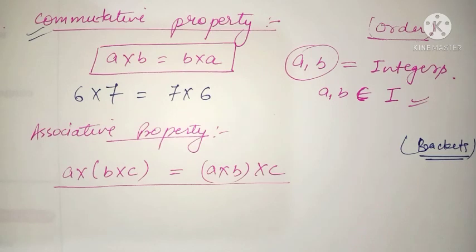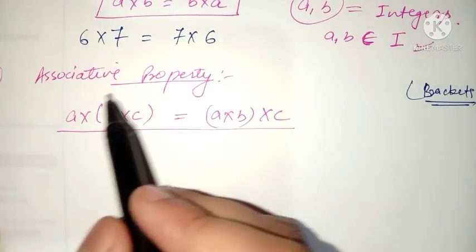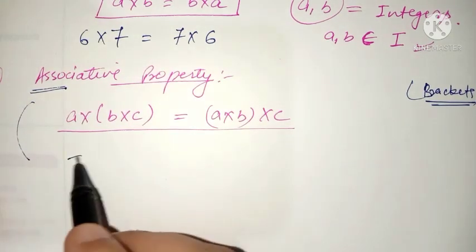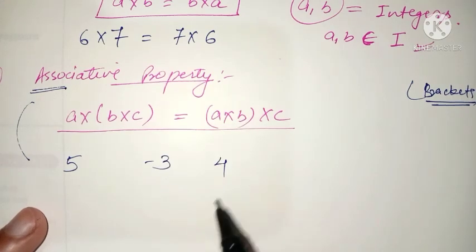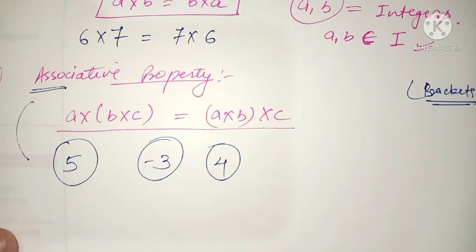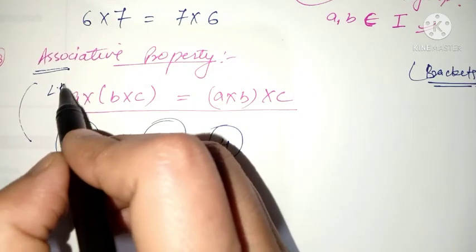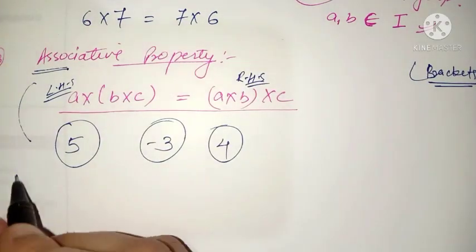Let's understand this again. To understand the associative property, you need at least three numbers. Suppose we have 5, -3 and 4. These are the three integers we have taken. We take it as LHS and RHS.